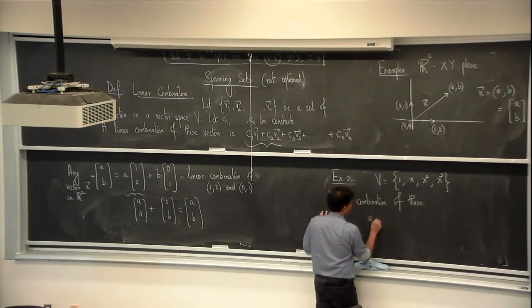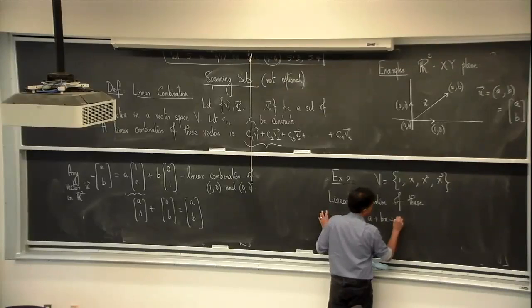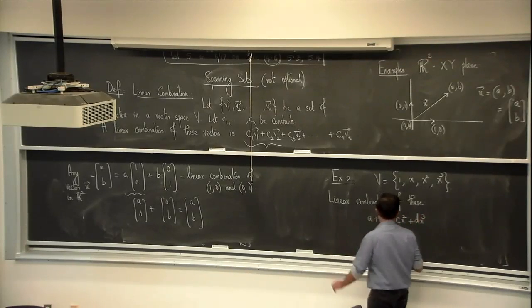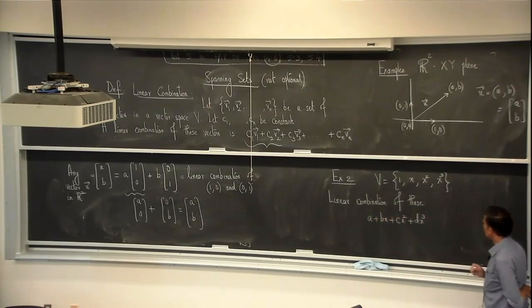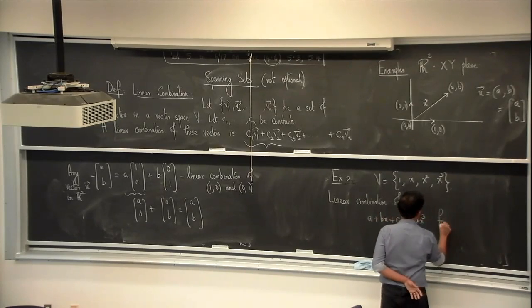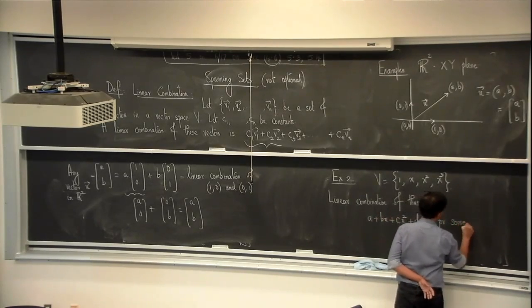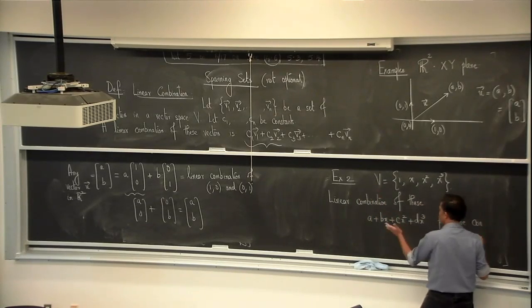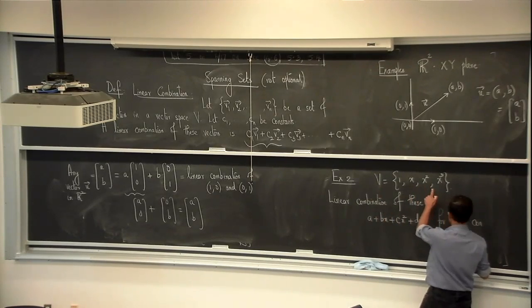So a plus bx plus cx squared plus dx to the 3 for some values of a, b, c, d. Okay. And some of them could be equal to 0. Who cares? Okay. At this point, I have this function which is a linear combination of these vectors or these functions here.